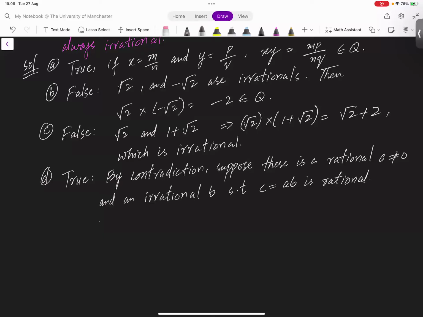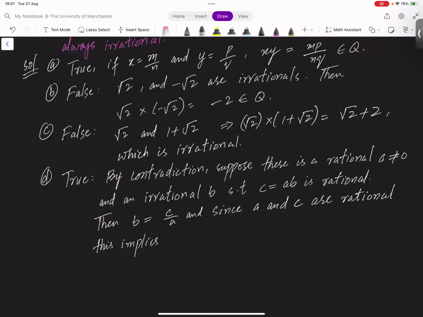Okay. Then B can be written as C over A. And since A and C are rational, this implies that B is rational, which is a contradiction.